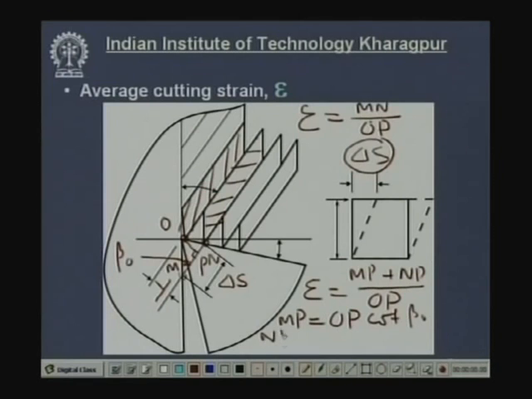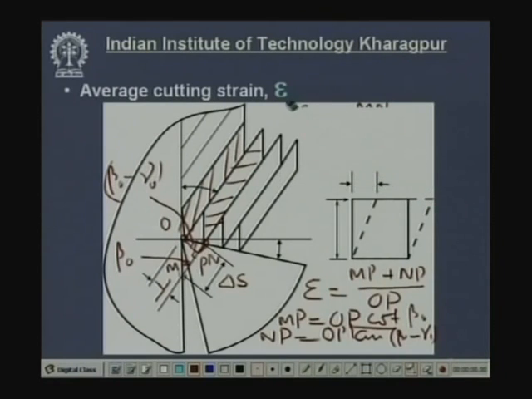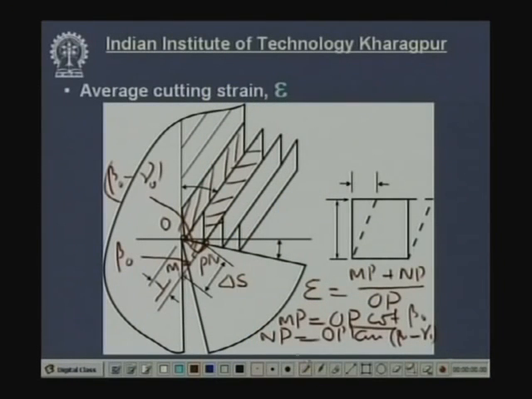And what is NP? Now, NP is this much. What is this angle? This angle is beta minus gamma. You can check it later on. So, this is OP tangent of beta minus gamma. Now, if you put it here, what we get? We get epsilon is equal to cotangent of beta plus tan of (beta minus gamma).